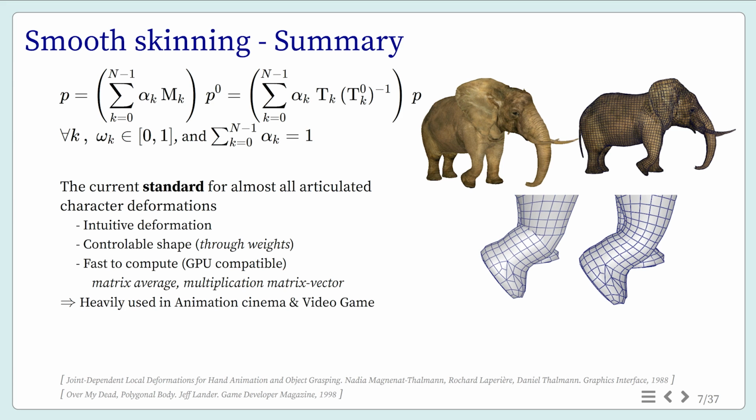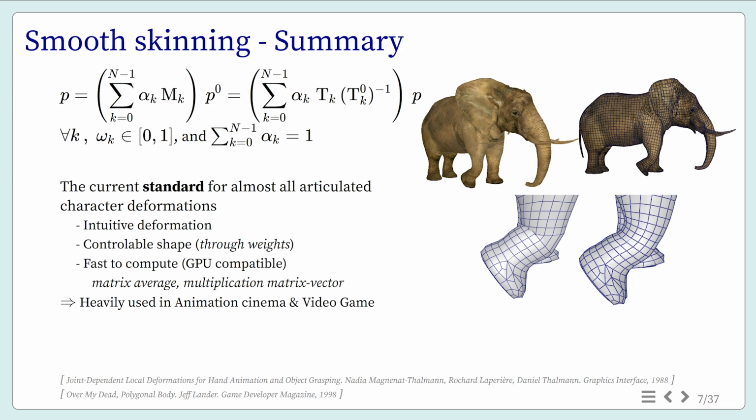So as a summary, smooth skinning can be seen as a barycentric blending of transformation matrices that we apply to a position P0. And this smooth skinning is actually the current standard for almost all articulated character deformation. It's used in almost all characters in video games or animation cinema, for instance. The advantage of smooth skinning is that it allows quite an intuitive deformation through the use of the skeleton.